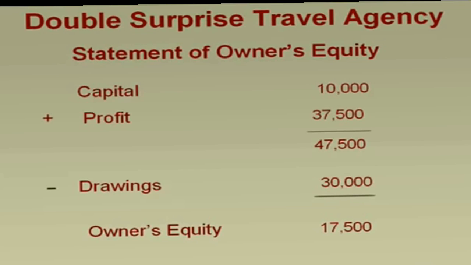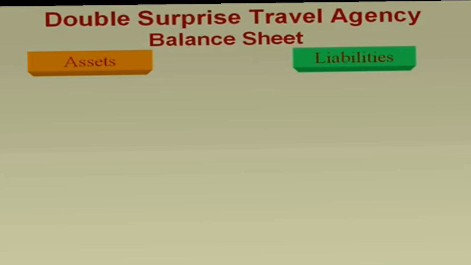Now let's do the balance sheet. The balance sheet has assets, it has liabilities, and owner's equity. The assets are broken down into two categories, long-term and short-term. Pick out the short-term assets from your spreadsheet.